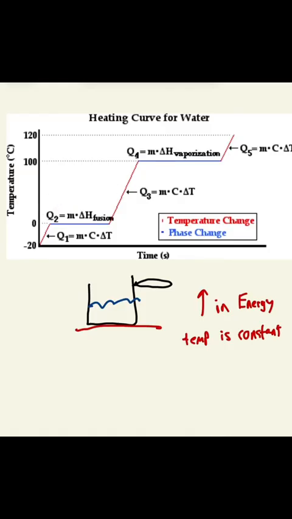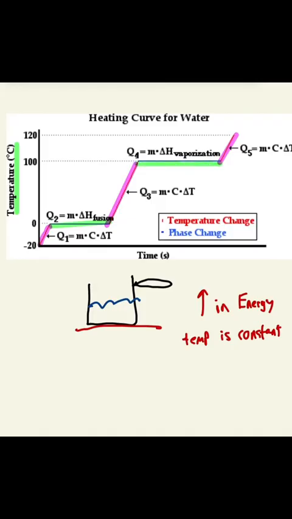Over here, the water is ice, over here the water is liquid, and over here the water is steam. In the sections between these flat regions, temperature is constant, but we're still adding thermal energy to break apart those bonds in between the atoms.